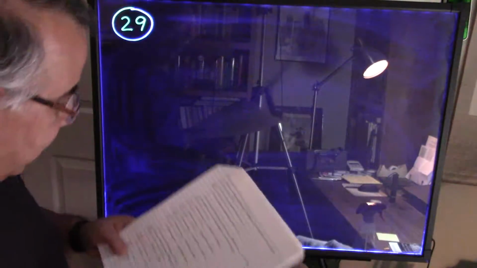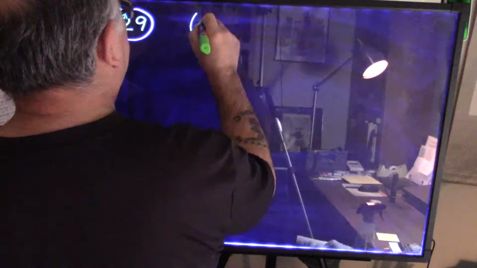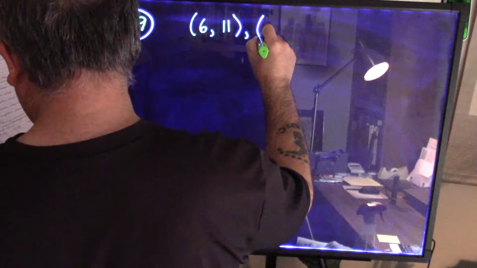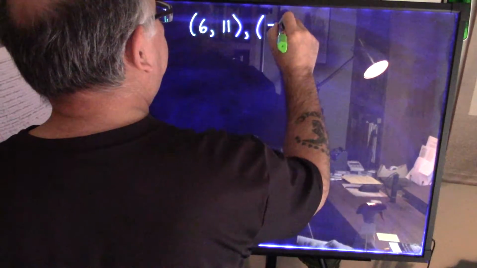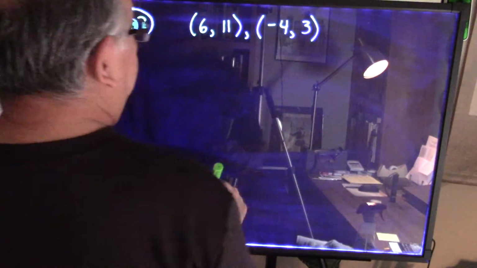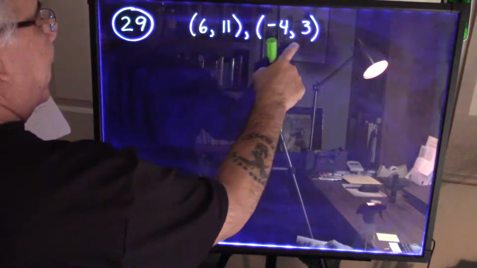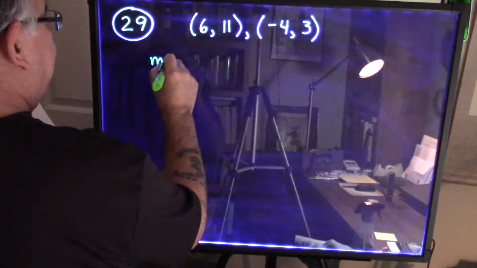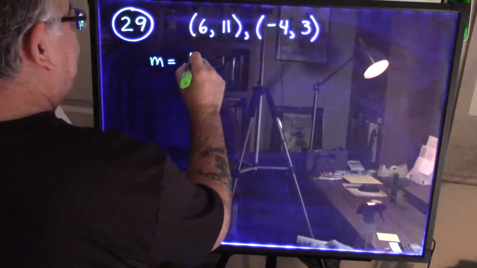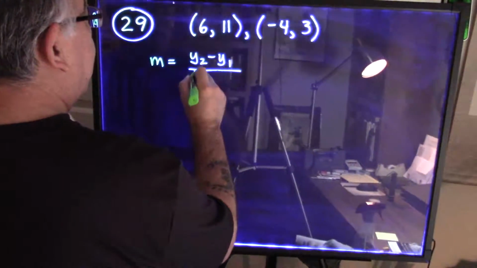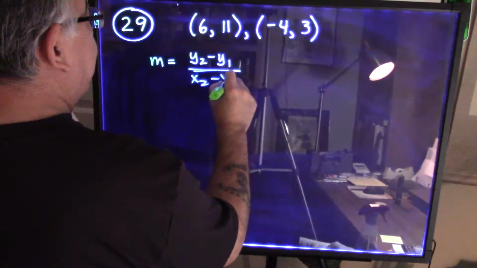Number 29. We have 6, 11 and negative 4, 3. Again, I'll just call that x1, y1, and that's x2, y2. Alright? So slope m is y2 minus y1 over x2 minus x1.